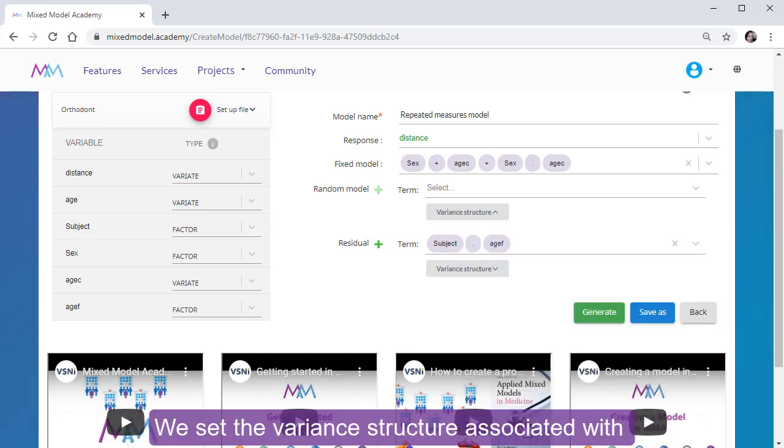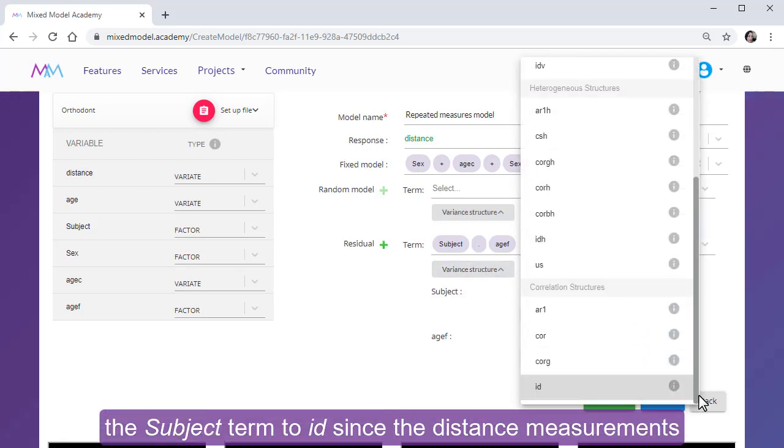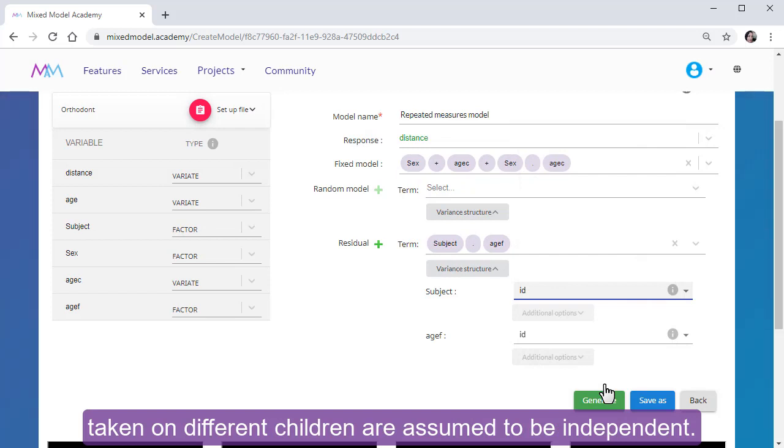We set the variance structure associated with the subject term to ID, since the distance measurements taken on different children are assumed to be independent.